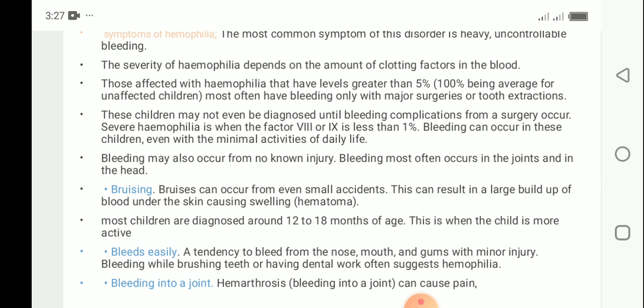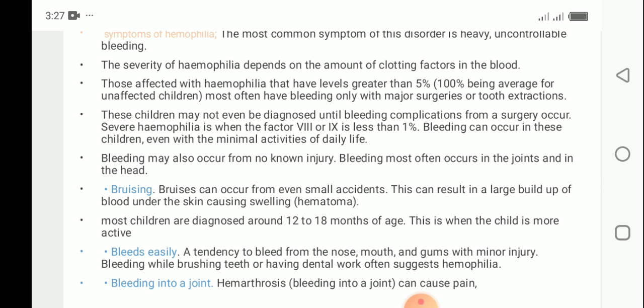Bleeding may also occur from no known injury. Sometimes from the skin also. It may occur when there is bruising. And bleeding most often occurs in the joints and in the head. Next symptom is the bruising.